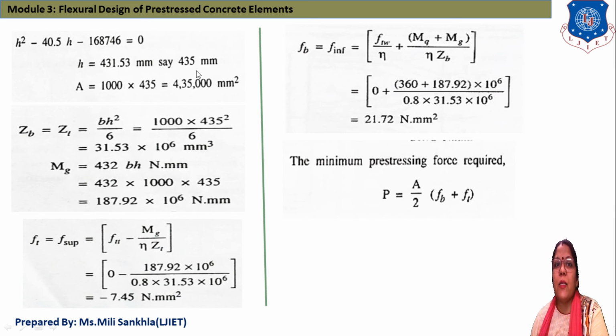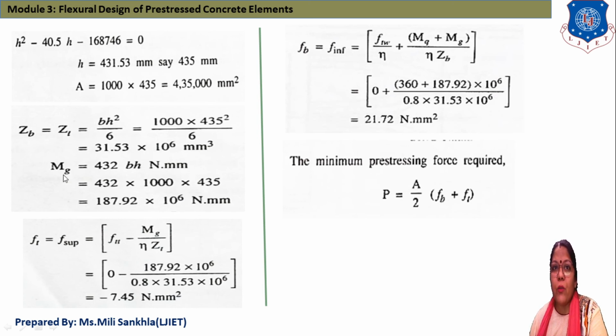431.53 and we assume 435 mm, and area of this slab is equal to width is given 1 meter, 1000 into 435 mm, that is 4,35,000 mm square. Now we find out ZB and ZT, that is BH square by 6. B we recently find out, and H is equal to 435 divided by 6, that is 31.53 into 10⁶.